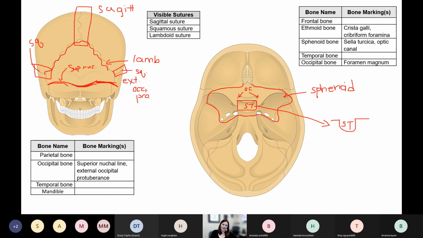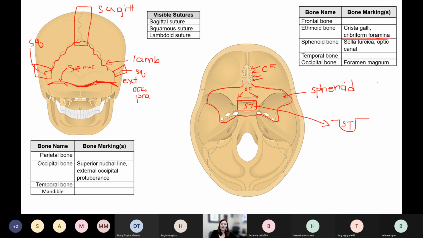If we look in front of the sphenoid bone, notice that we can see all of these little spots up here. These are actually all holes, called the cribriform foramina.